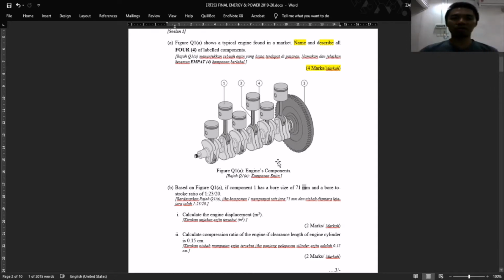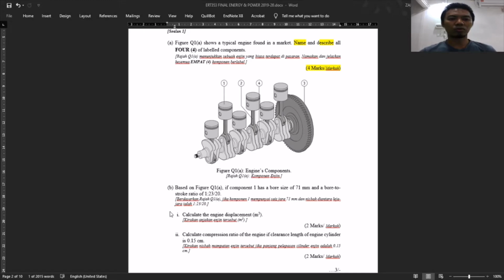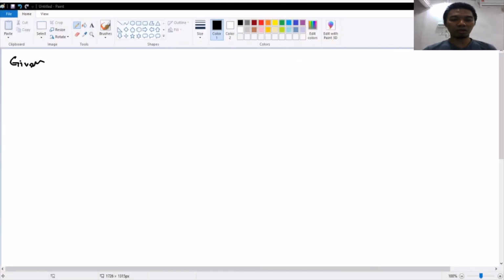Okay, first things first. To solve this question, you need to list up. I already told you so many times: list up all the important information given inside the question. Bore size has 71.